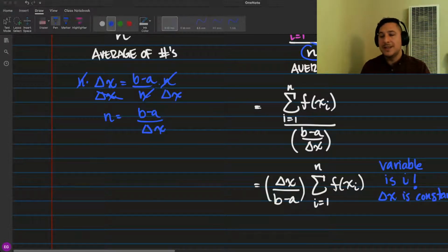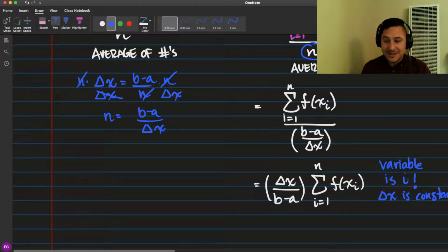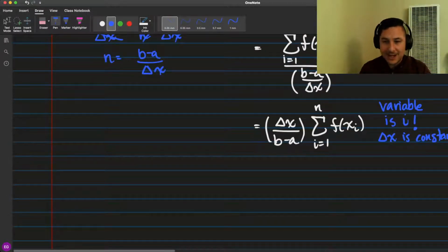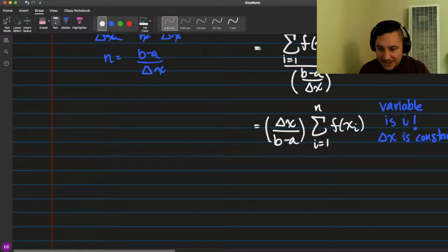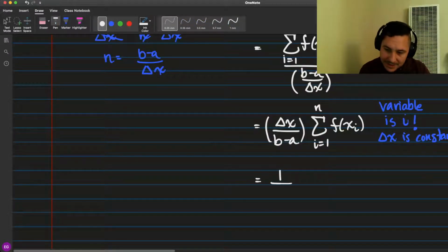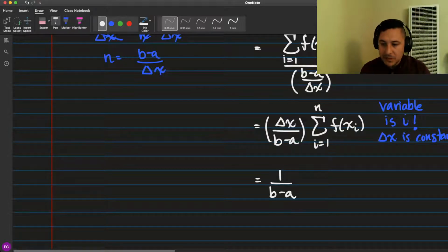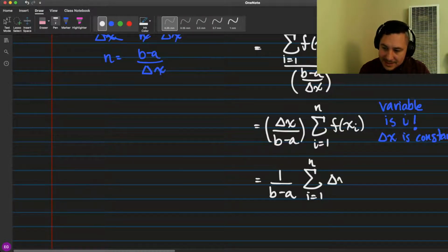And what can I do with constants with the sigma notation? Sort of like what I can do with derivatives and integrals. Whenever you have a constant, what can you do with it? Yeah, you can factor it in and you can factor it out. So if I scroll down a little, we can say, okay, well what we have now is 1 over b minus a. And I'm going to move that delta x into the sigma so that I get delta x times f of xi.